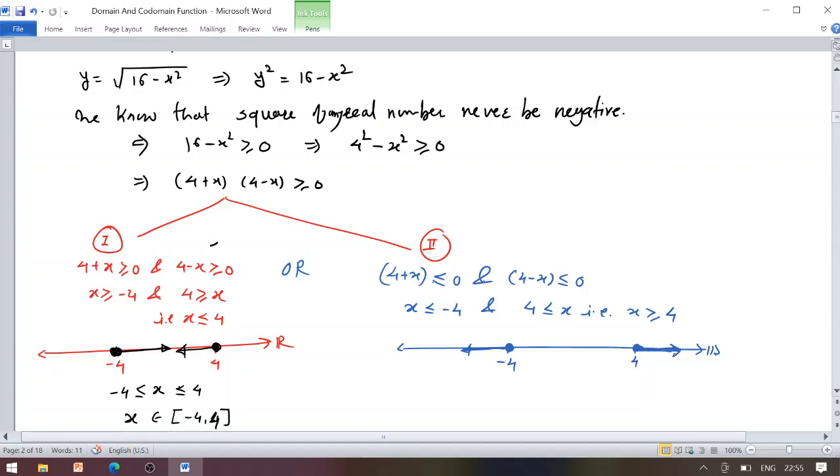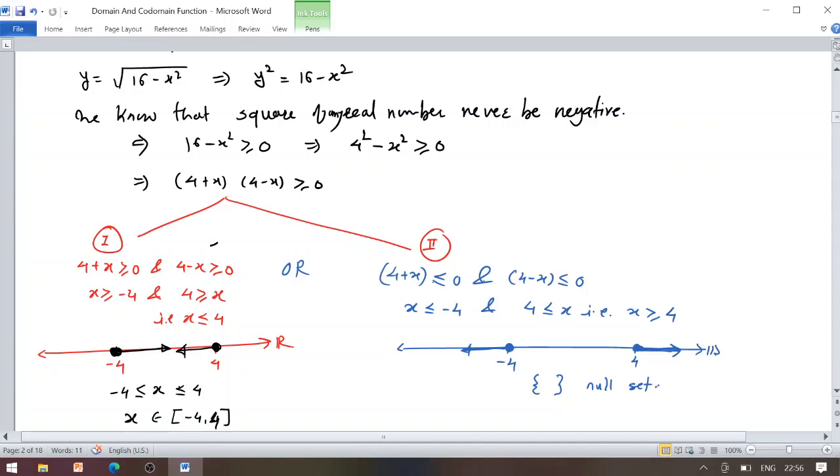Now if we find the intersecting part of both intervals, because there is the word and, it becomes a null set. That means no such interval exists in which the given inequality is satisfied.